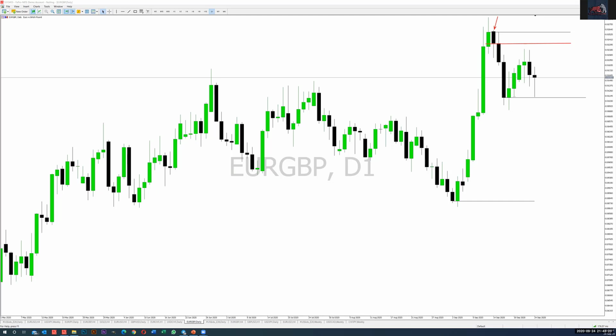That now becomes a non-fresh zone because price has already pulled back into the zone at least once. Same applies with this candle here.